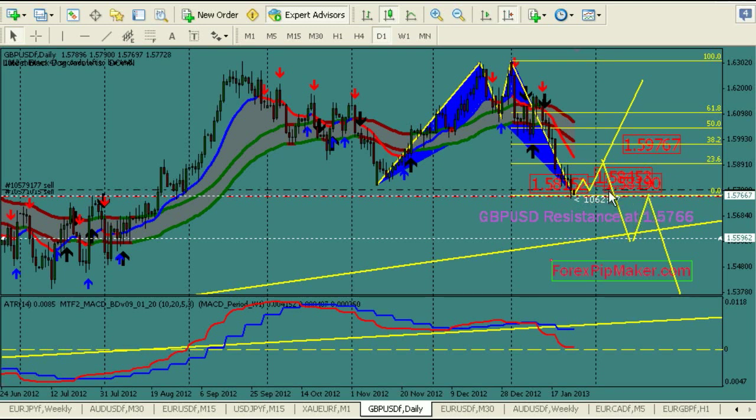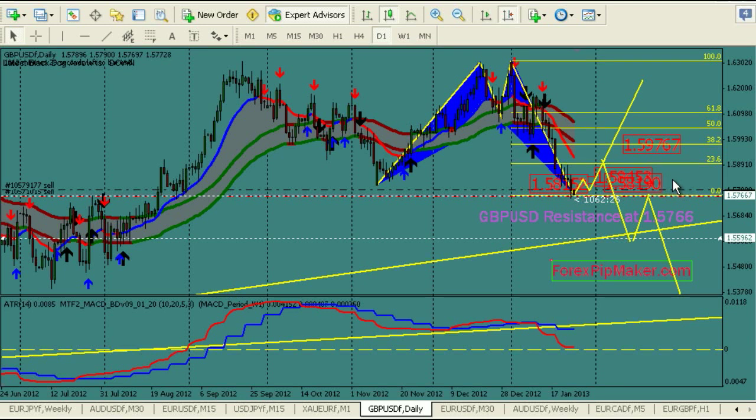If that fails to happen, and price does break beneath 157.66, price could possibly continue down to 156, and then it may come back up for retracements against 157.66, putting a small stop loss to the upside, let's say about 30 or 50 pips above.